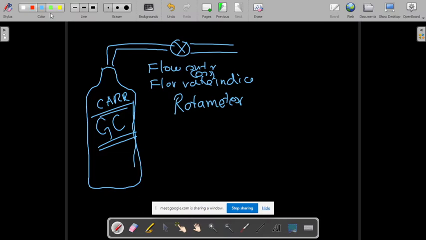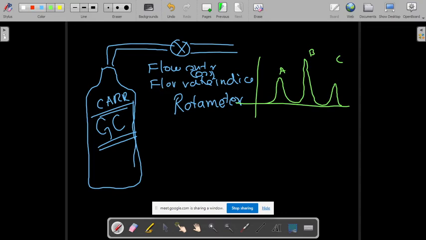I'll just put a diagrammatic representation. Suppose a sample mixture flows to the column and I get something like this. Okay, I get 3 peaks for 3 components that are present in this one. Now I have 2 scenarios.